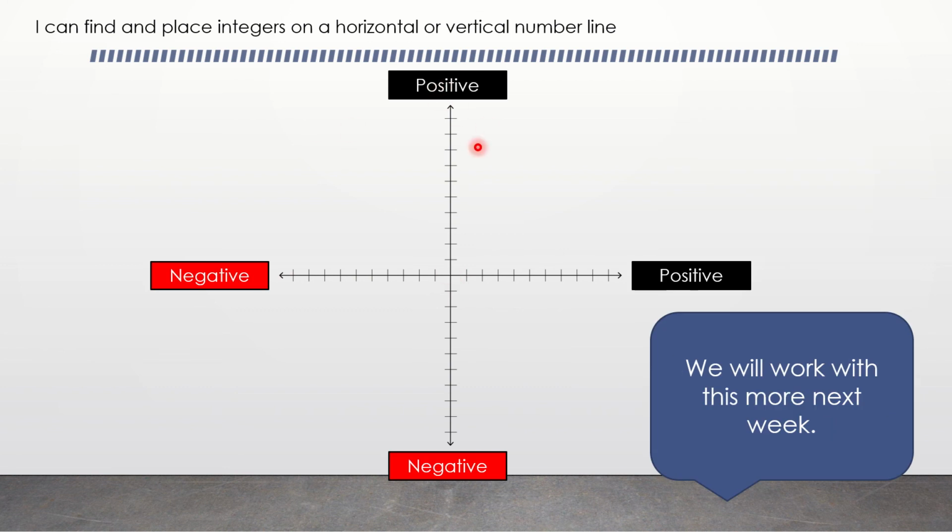If you're going up, it's positive, and if you're going to the right, it's positive. So this space and this space, or segment of a line, represent positive. However, left is negative, so this segment is negative, and this segment, or ray, is going to be negative as well because it's down. We're going to be doing more with this this afternoon.